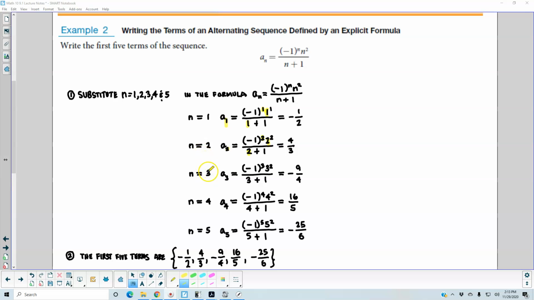Then we're going to have n equal to 3. So now this becomes a subscript 3. We replace this exponent to be 3, replace this to be 3, and this also to be 3. So all the n's become 3 in the third term. (-1) to the third power is -1 times 3 squared, which is 9, so that's -9, over 3 plus 1, which is 4, so it's -9/4.